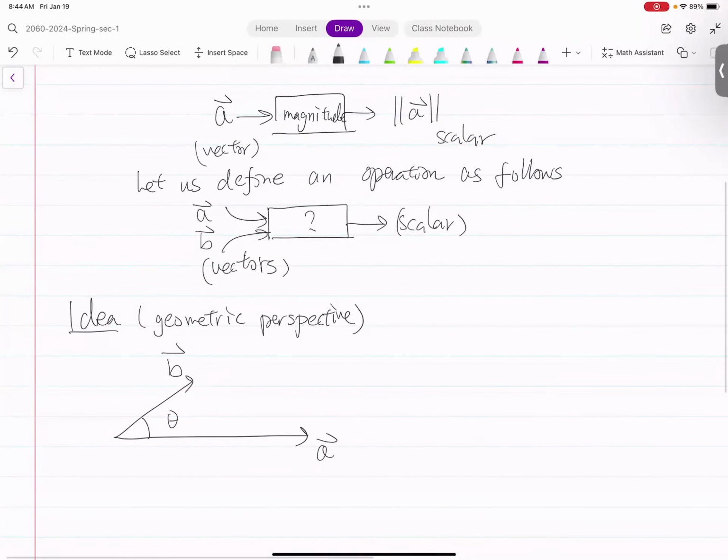So now, what do we do here? We know the length of each vector is the magnitude.